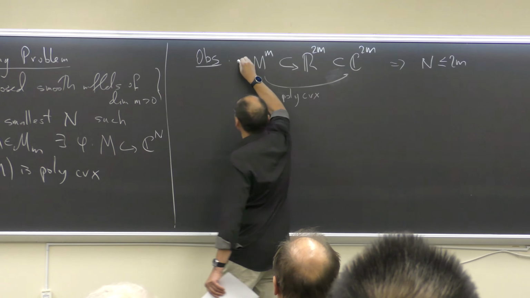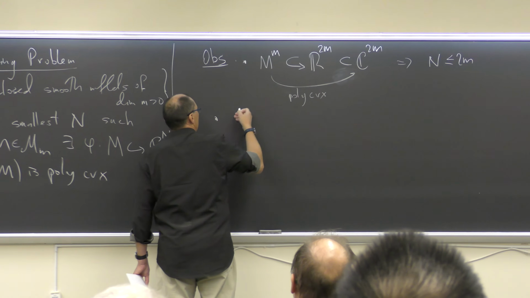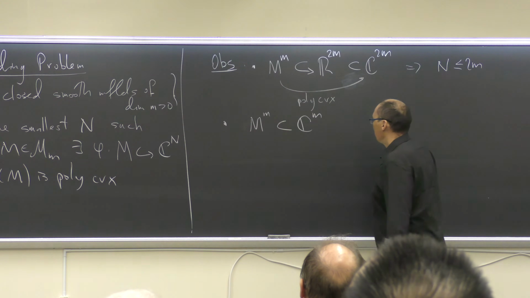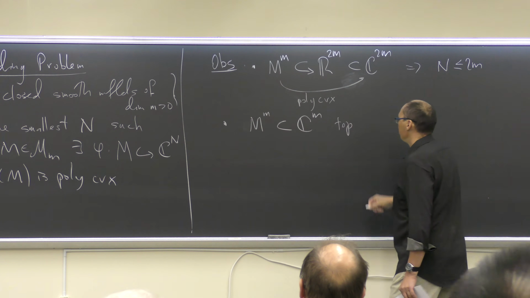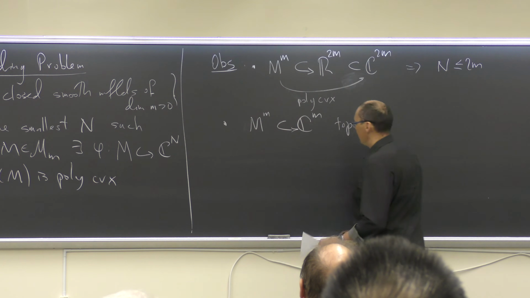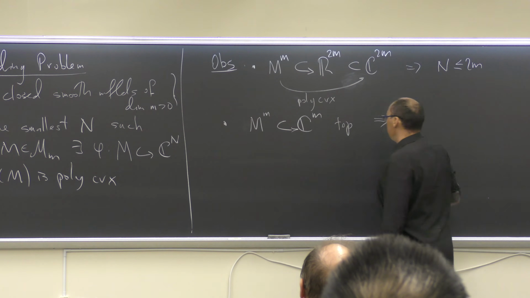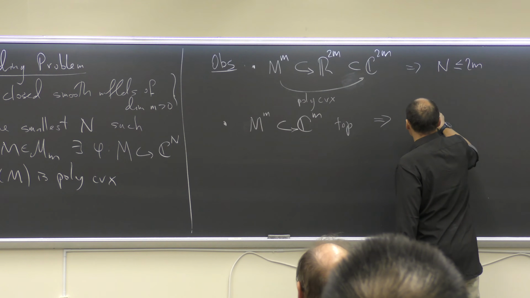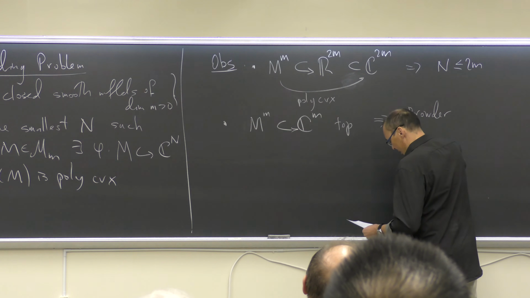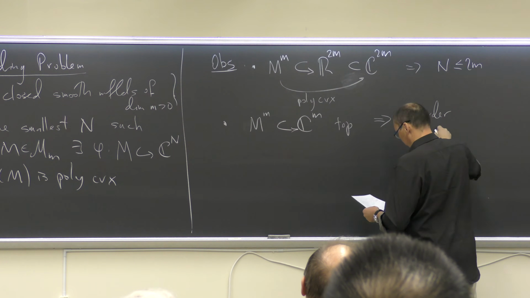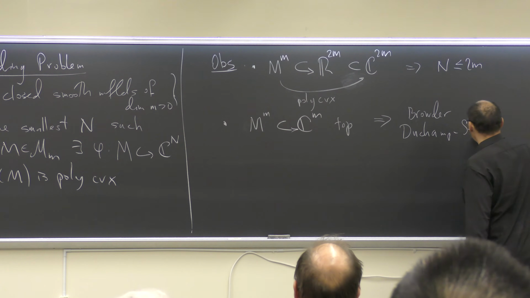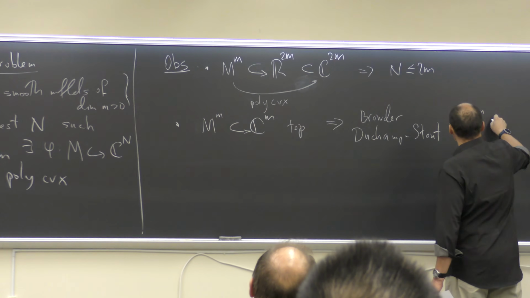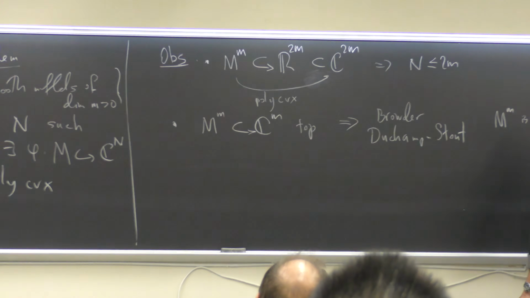The other observation is that if I take any embedding into Cm, a topological embedding, it doesn't have to be smooth, then it is a theorem by Browder, Duchamp and Stout that this is not polynomially convex.